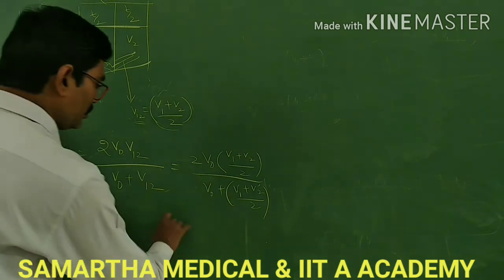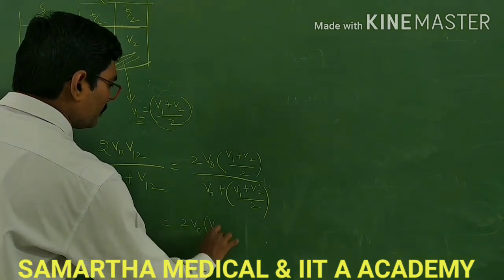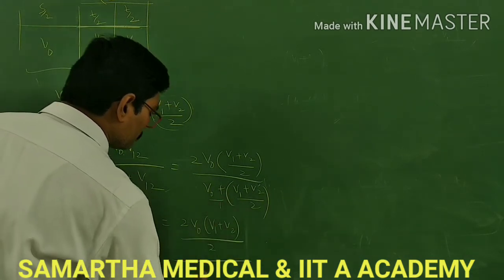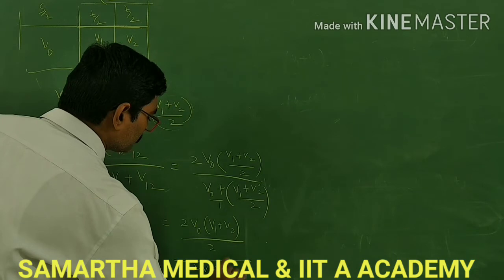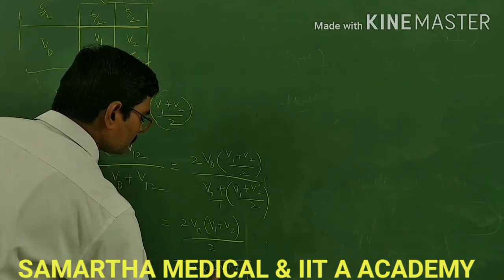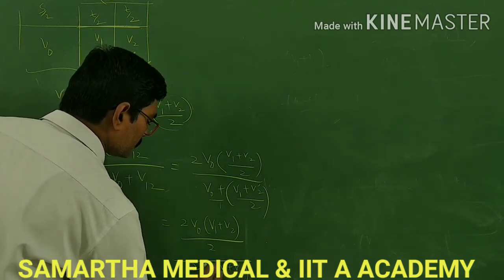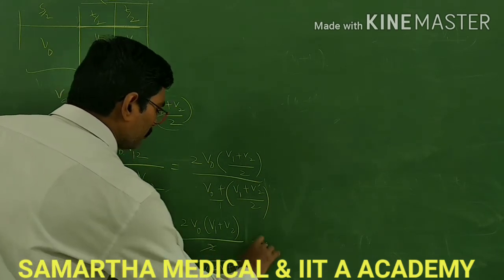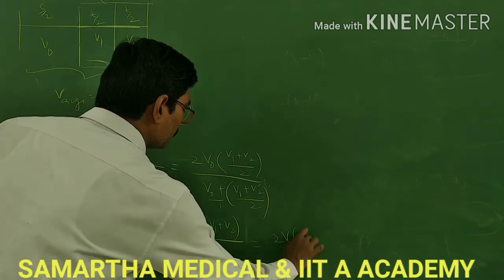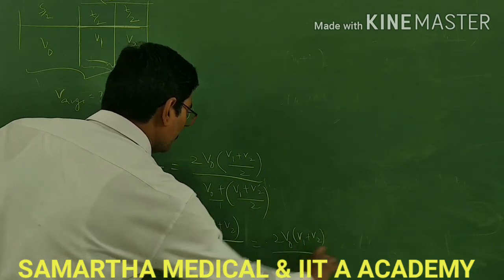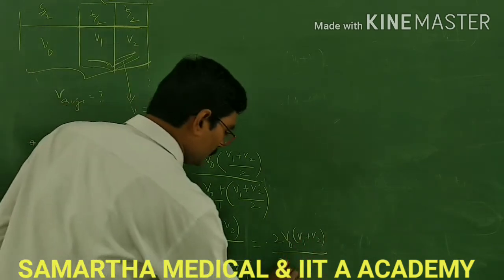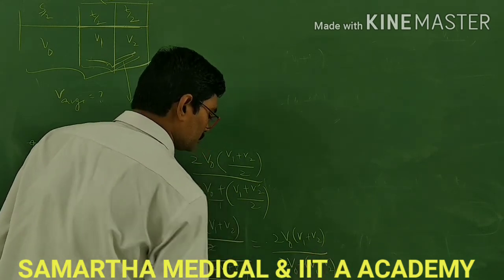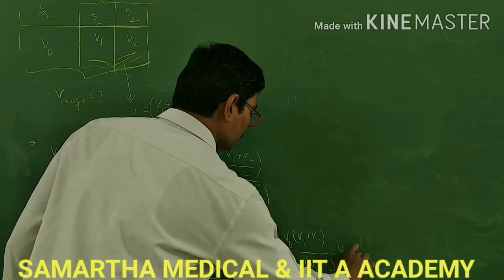So 2 V0 into V1 plus V2 by 2 by, take LCM for these two, 2 V0 plus V1 plus V2 by 2. 2 to cancel. What will you get finally? 2 V0 into V1 plus V2 by 2 V0 plus V1 plus V2, that is the average speed.